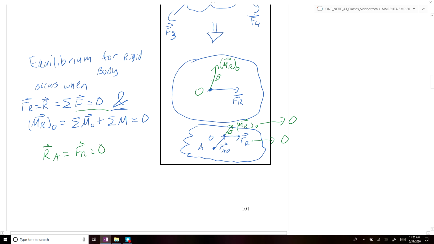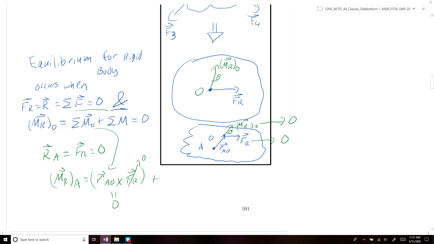And then if we summed all of our moments about point A, it would also be equal to 0, because our couple moment due to the force R would be equal to r_AO cross F_R, but we know that F_R is 0, so that would be equal to 0.